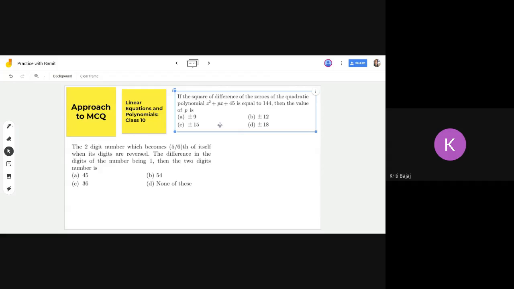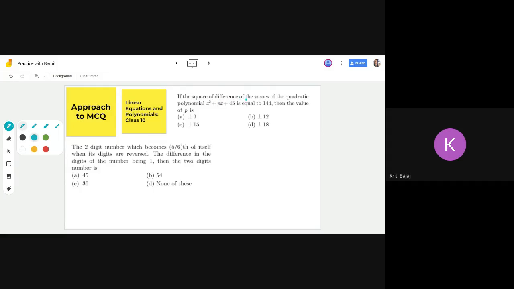The first one: if the square of difference of the zeros of the quadratic polynomial x square plus px plus 45 is equal to 144, then the value of p is. In this case you also use your pen, we'll be writing together. First let us just convert the statement.